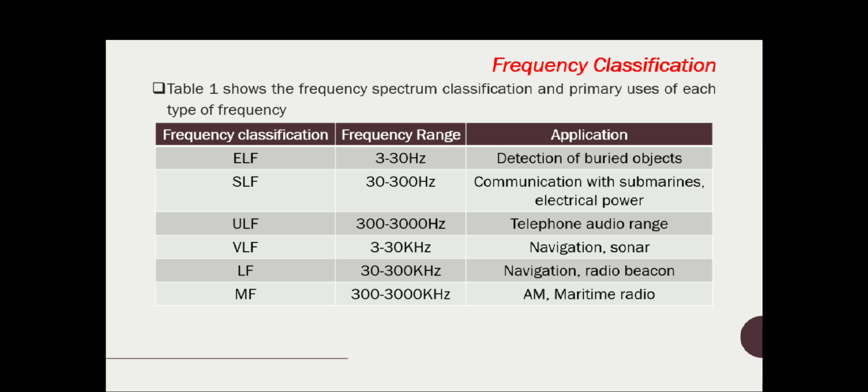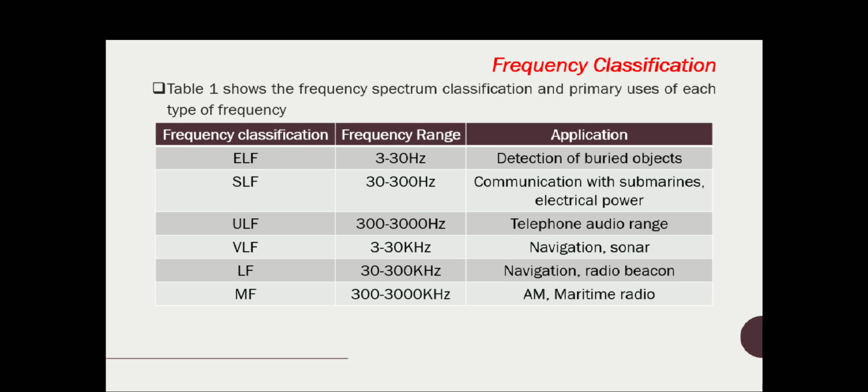Then ULF is ultra low frequency, that is between 300 to 3000 Hz. That is the telephone audio range. Then VLF is very low frequency, that is between 3 to 30 kilohertz. Applications are navigation. Then LF is the low frequency, that is range 30 to 300 kilohertz.